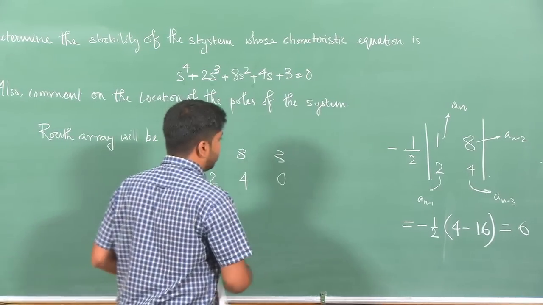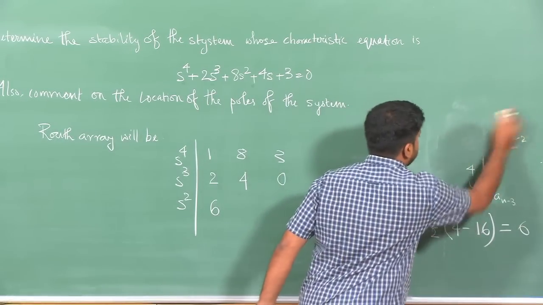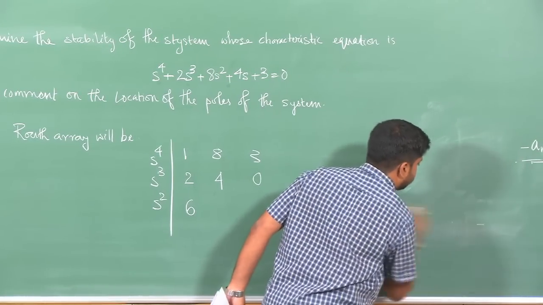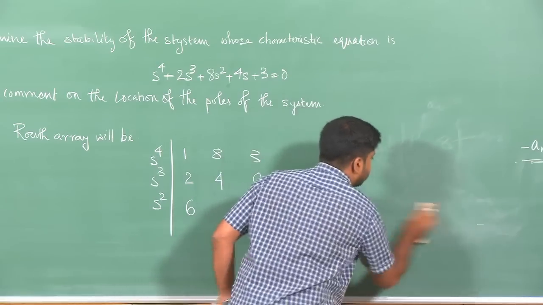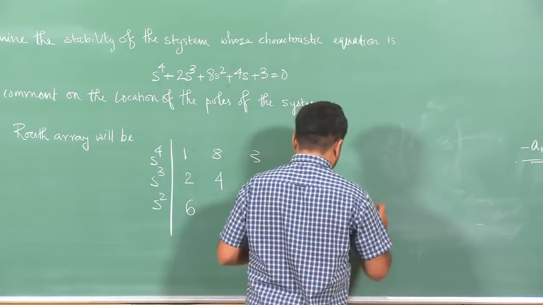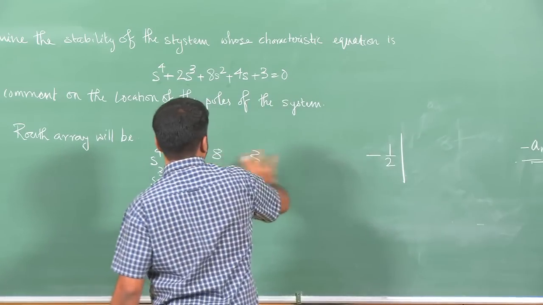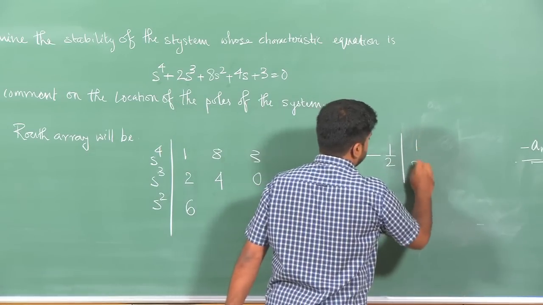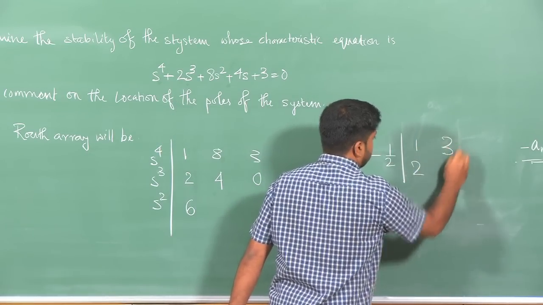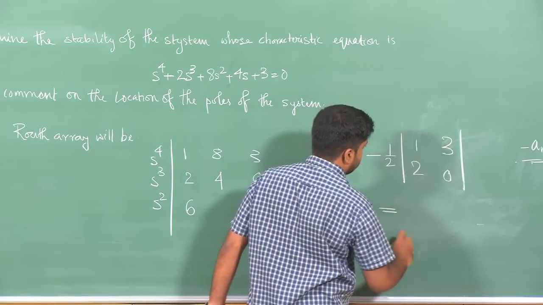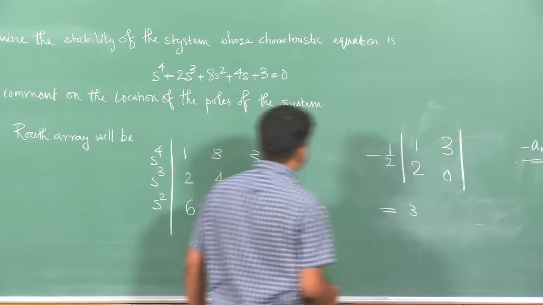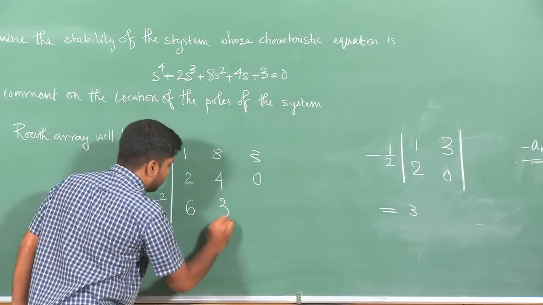Similarly, if we do the same with 2, 3, 0, we will get 3. So, here we get 3.